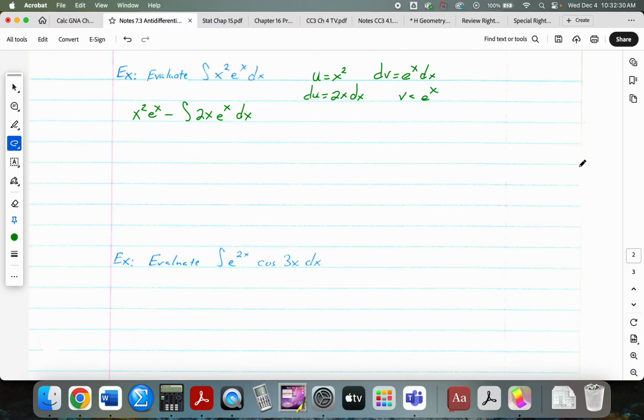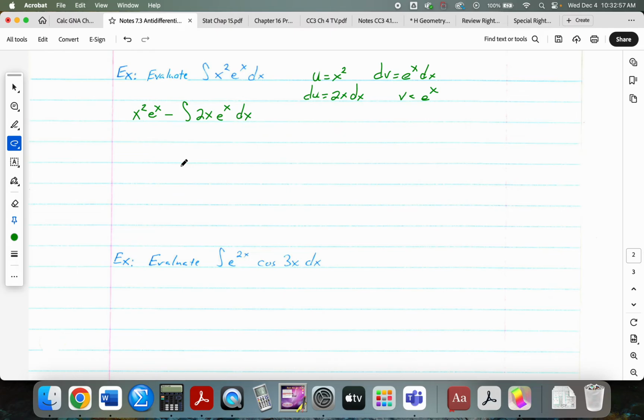Now, you're like, I still have two unrelated functions, right? Or different types of functions. But this is of a lower degree than it was. And if I do it again, it'll be of even lower degree, meaning it'll be a constant. So that'll be nice. You can, if you want to, remember later on in the problem to distribute the negative sign through everything else that you get.